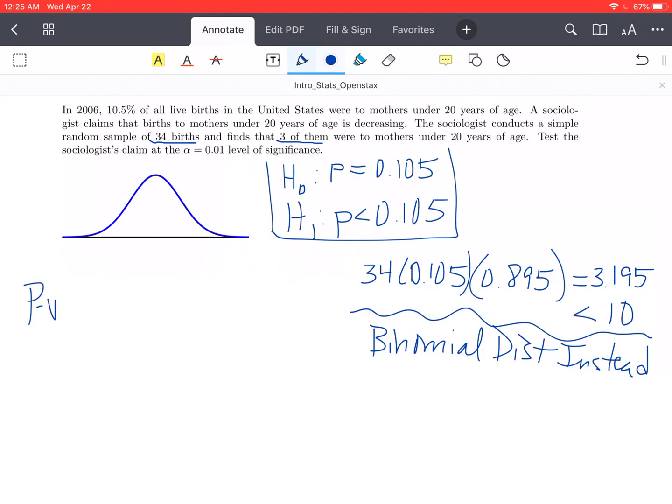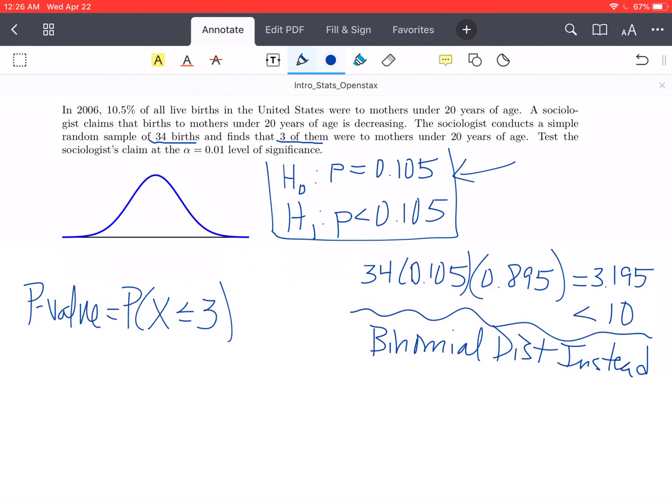So for our p-value, we're looking at the probability that the number of women under 20 years old was less than or equal to 3, because that's what they found in the test. What are the odds that that would happen given this population proportion?